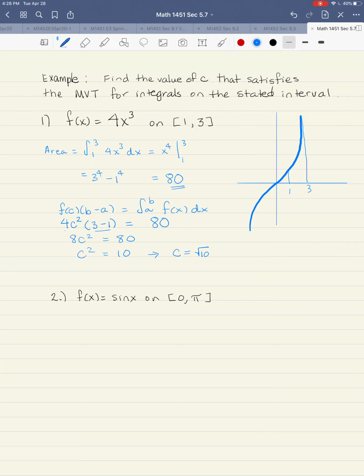Square root of 10 is what? How big is the square root of 10? Let me make sure I calculate all this right, because square root of 10 would be bigger than the square root of 9.